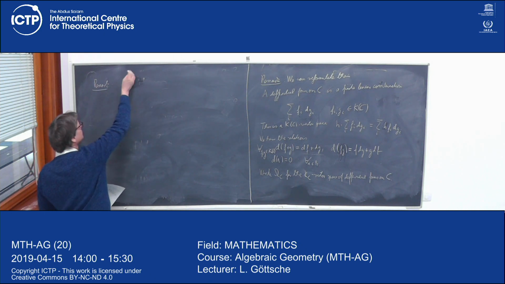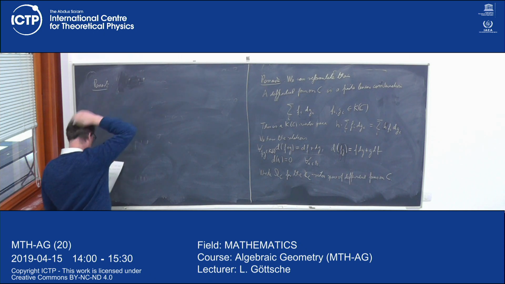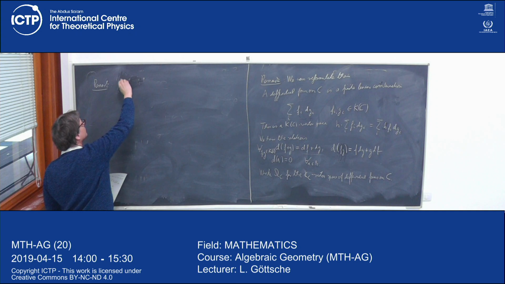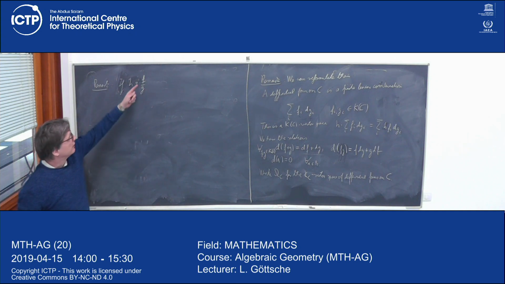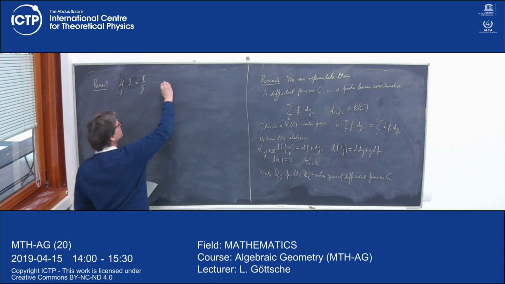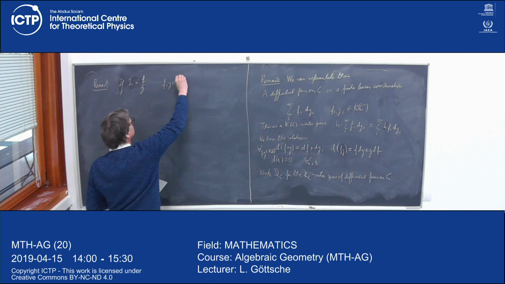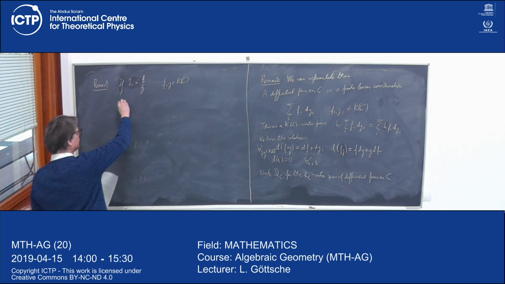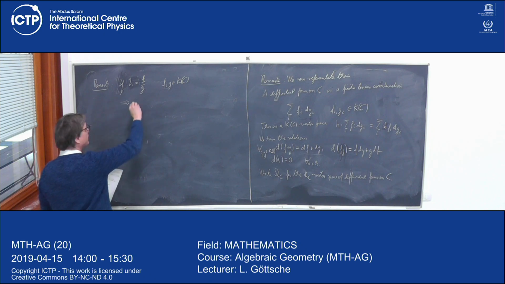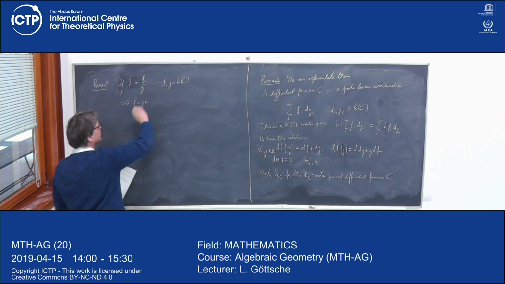So first, these are all exercises. Well, maybe the first one isn't because I do it. So if h is equal to f divided by g, where f and g are elements in Kc, then obviously it follows that f can be written as g times h.